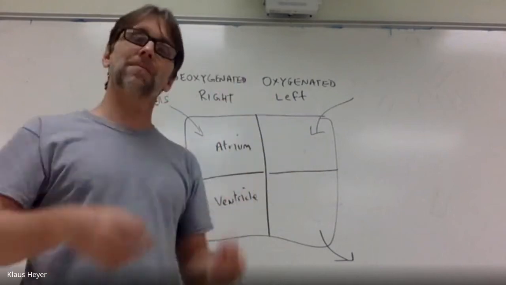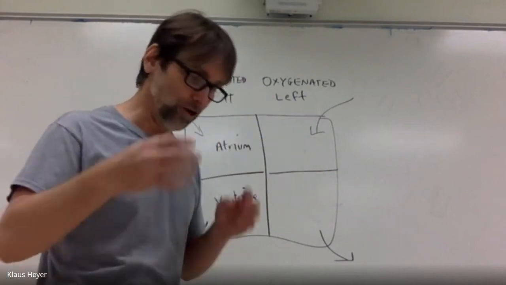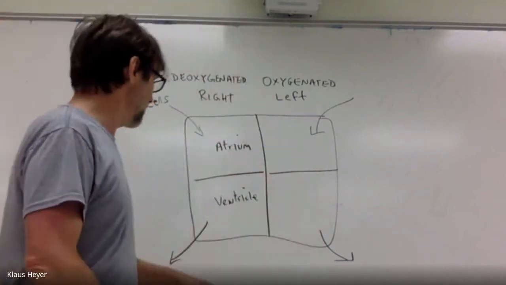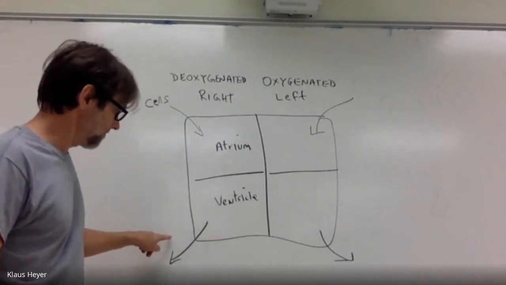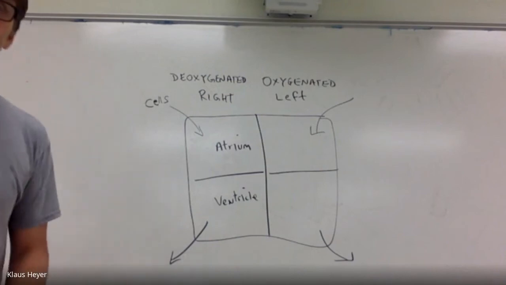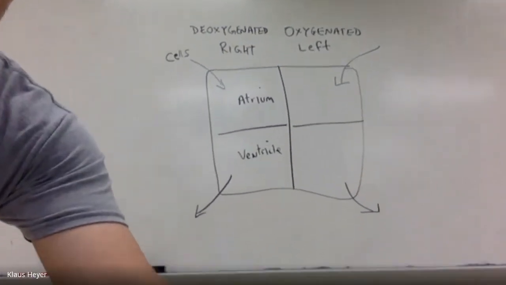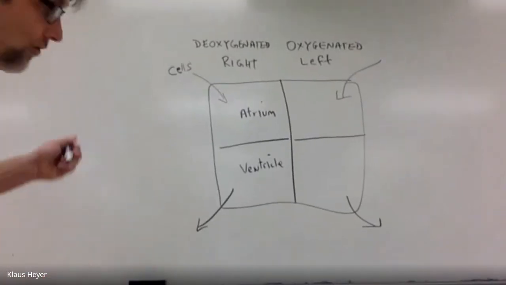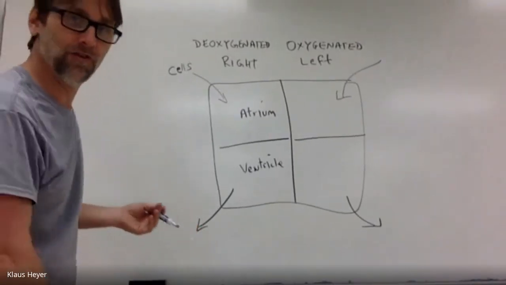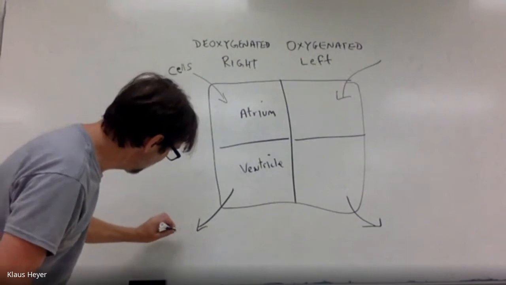Go send it out and make it good again." And so they're going to grab it and send it out to the lungs, because that's where you get oxygen, right? From your lungs.